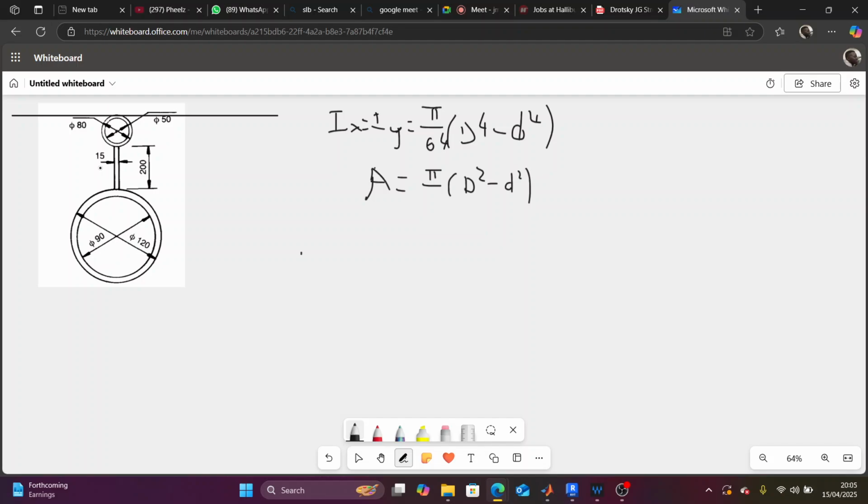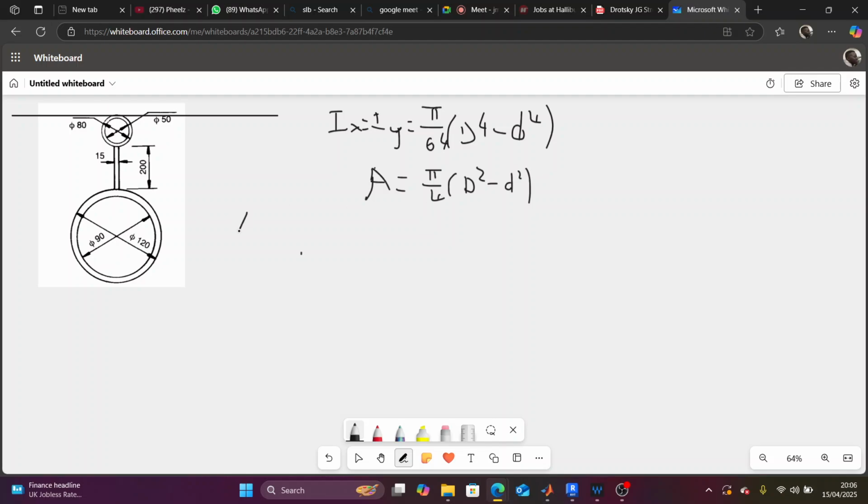The centroid of the circle is found at the center of the circle. Do you understand what I mean? Yeah, I understand. So now let's start with what we know.